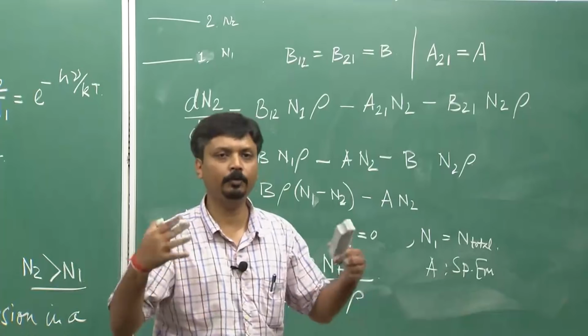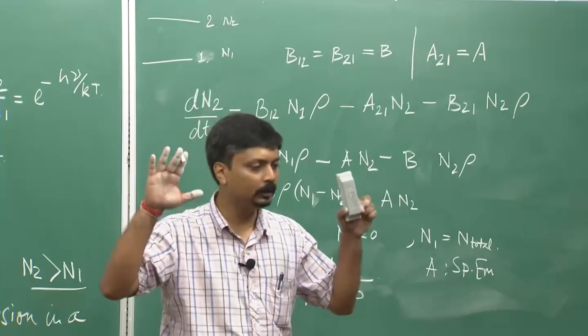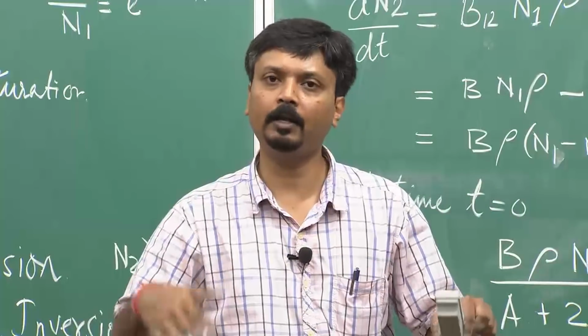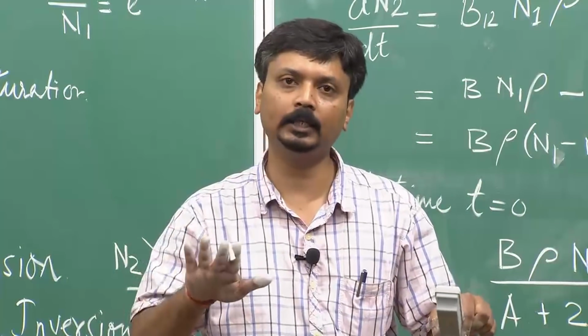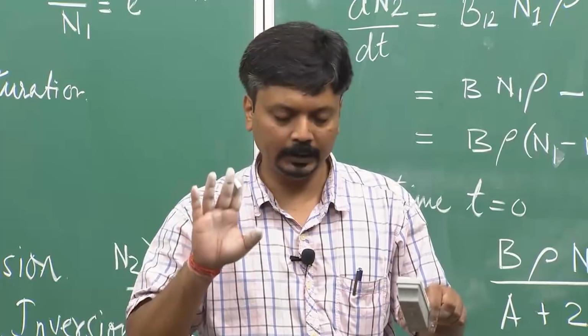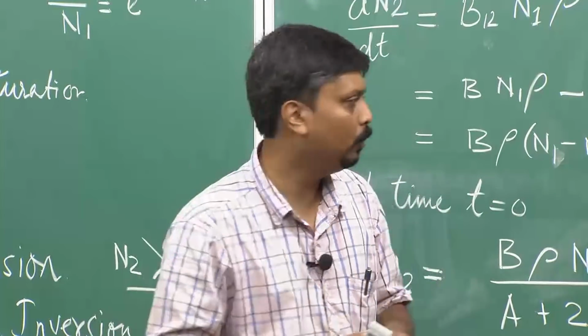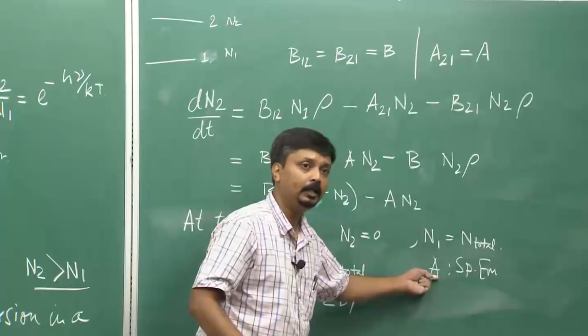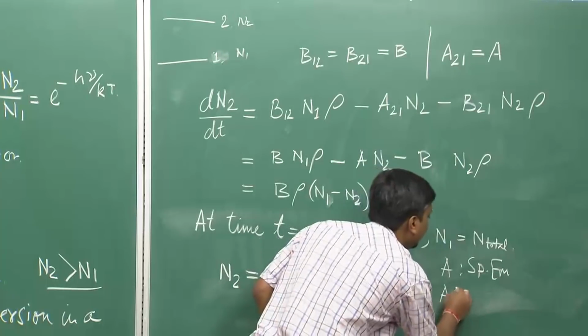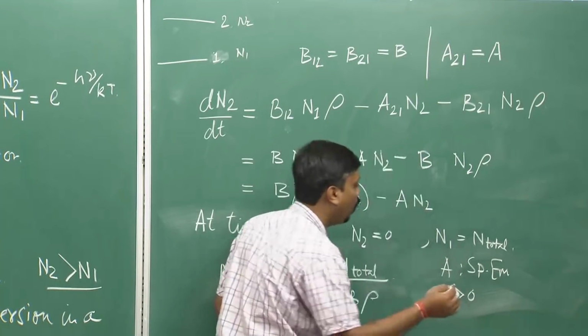In vacuum, if you keep it, it will emit, because there is a lifetime of the state, it will come back to the ground state by emitting a photon, and that is what spontaneous emission is. So, no matter what, spontaneous emission is always there. So, the rate constant is non-zero. Therefore, I can say A is greater than 0 always.